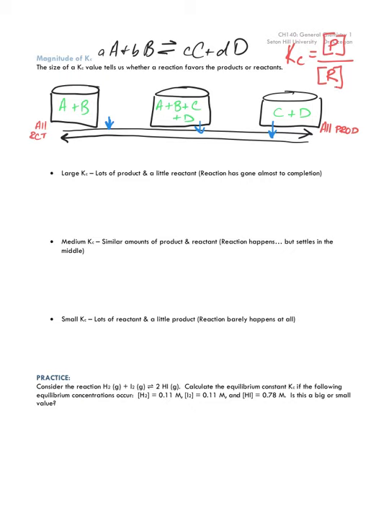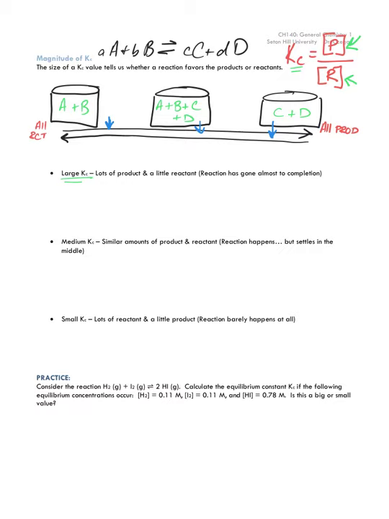So we want to look at this equation and think about it. If we have a big value for P and a little value for R, what kind of value is that going to give us for Kc, right? A big P and a little R, that's going to end up giving us a big number for Kc. And so that's what we get here for a large Kc.